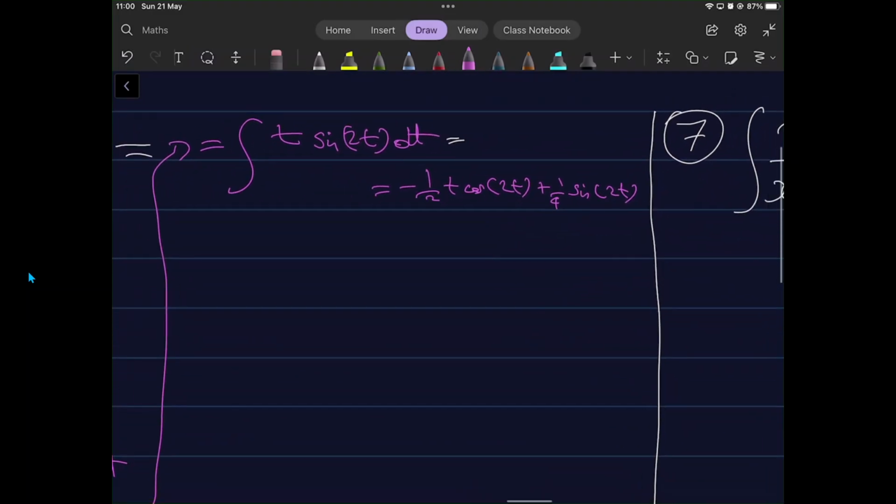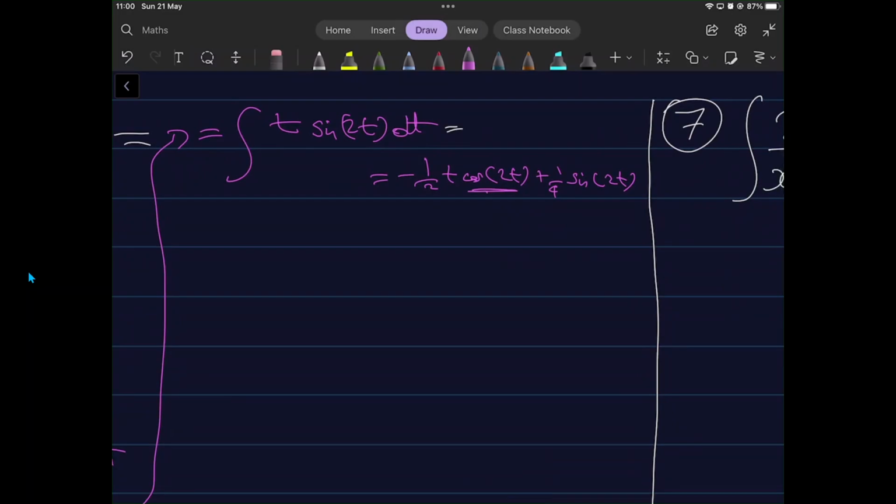So that's what we have. Let's just replace the cosine of 2t in terms of t and sine of 2t also in terms of t. So we get negative a half t multiplied by whatever cosine of 2t is. Let's use the double angle formula. It's actually equal to cosine squared of t minus sine squared of t.